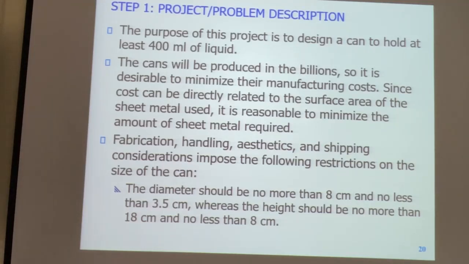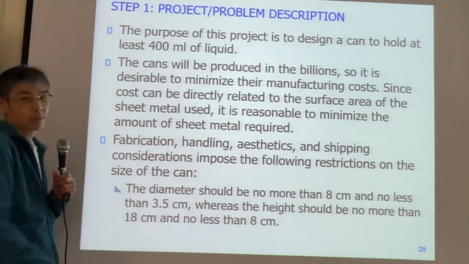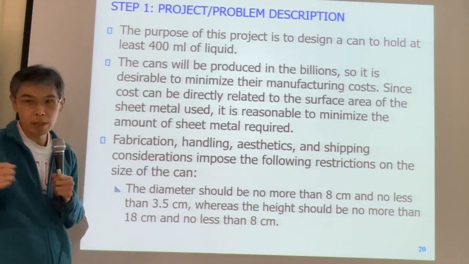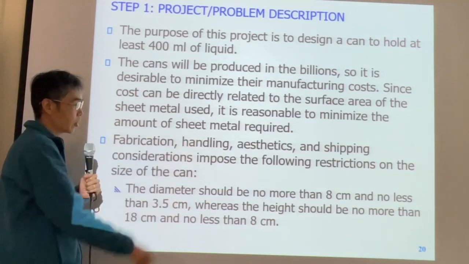Sorry, your name? Guan Chen. Okay, please, this one. Fabrication, handling, aesthetics, and shipping considerations impose the following restrictions on the side of the can. Okay, stop, please. Fabrication: we manufacture, handle it.